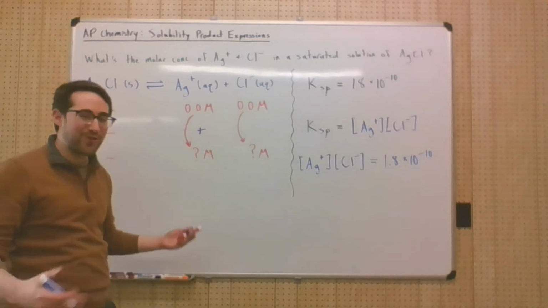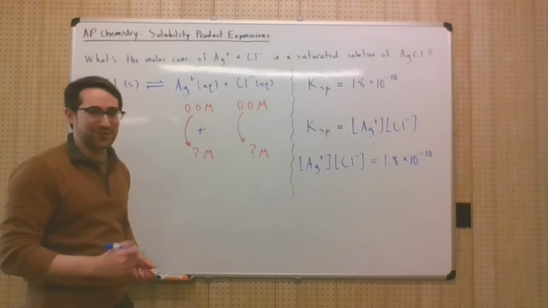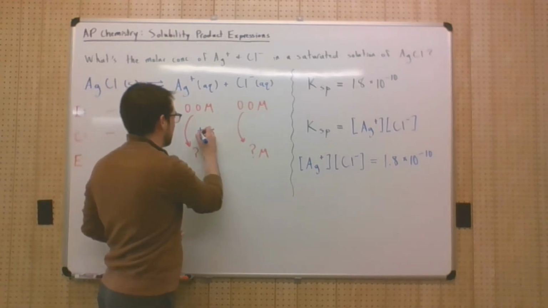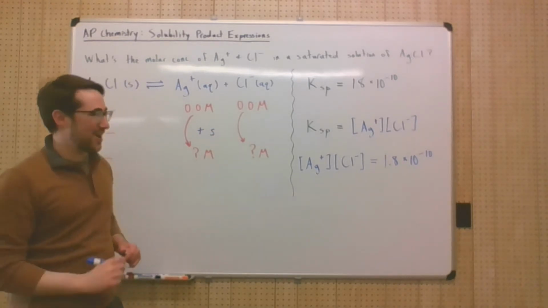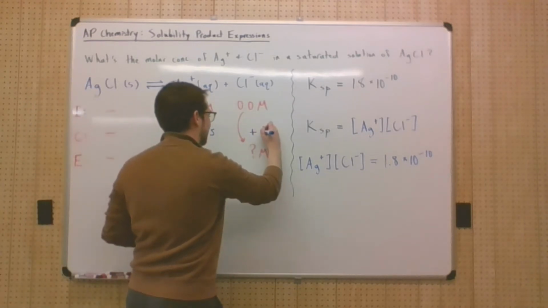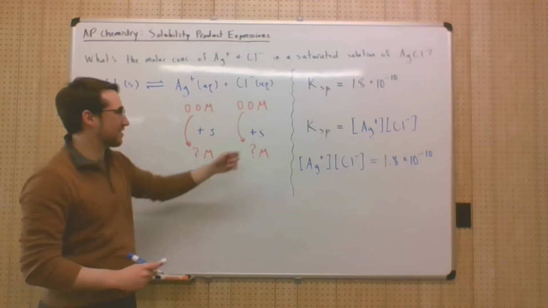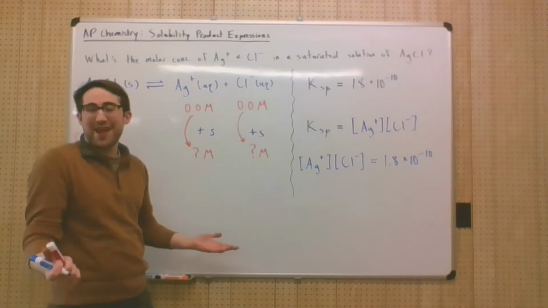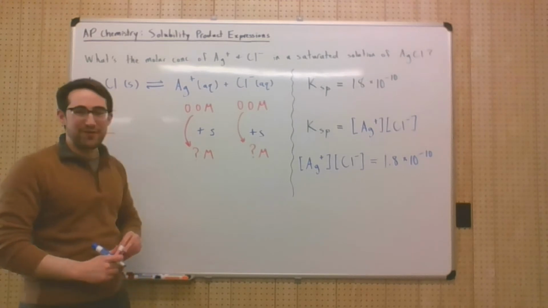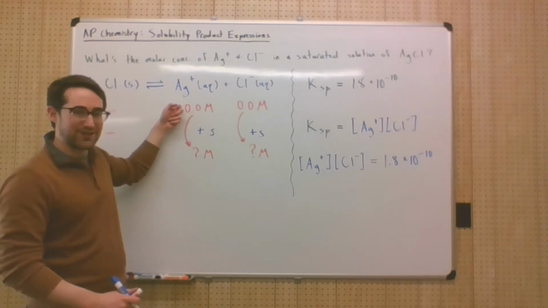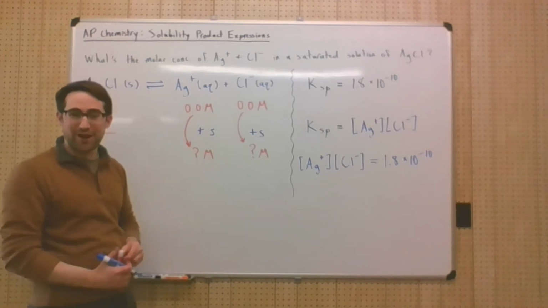You could use x or a question mark or whatever, but since we're dealing with solubility, what you'll see a lot of times is a little s, or sometimes a big S. I like to use a little s because we use big S for entropy, and I don't want that to get muddled in. So our change is going to be increasing the concentration of our Ag+ and our Cl- by some amount s, okay? Which will take us to our final concentration. So if I take 0 molar concentration plus s molar concentration, I'm going to wind up with s molar concentration.